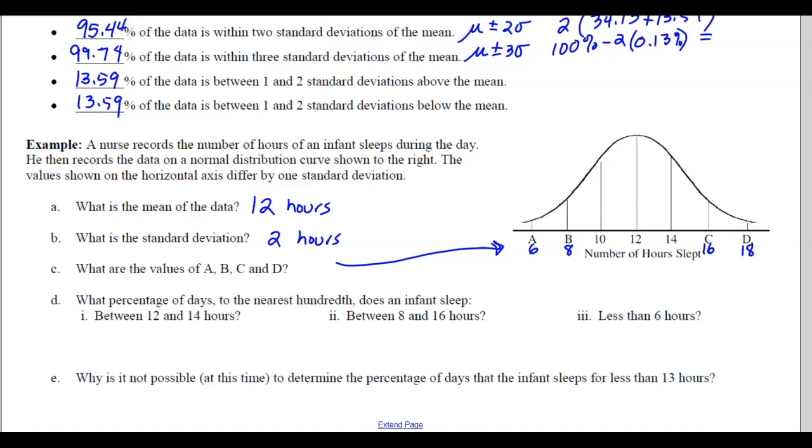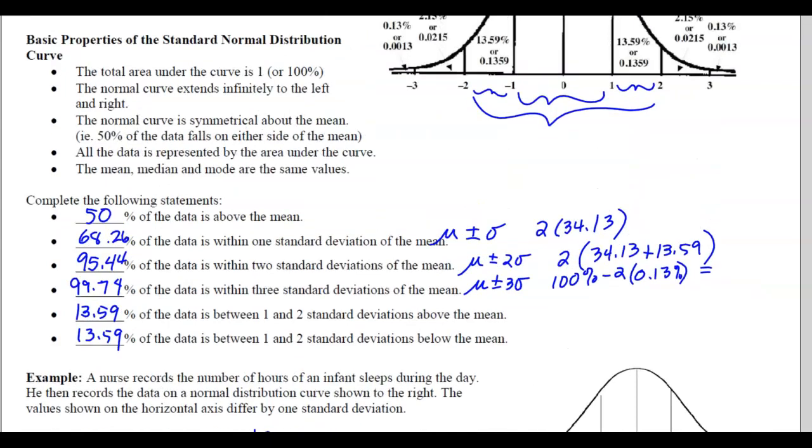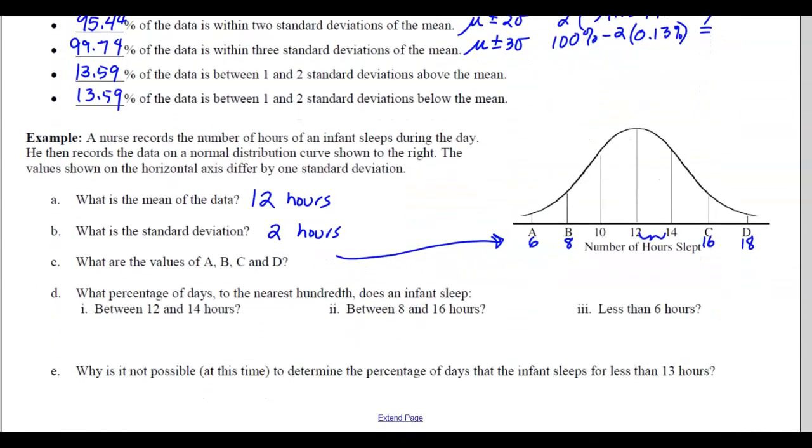Okay, so what percentage of days, to the nearest hundredth, does an infant sleep between 12 and 14 hours? So that's this area here. So we go back. Again, we'll learn how our calculator can do it, but for right now, we just go back to our graph there, 34.13%.